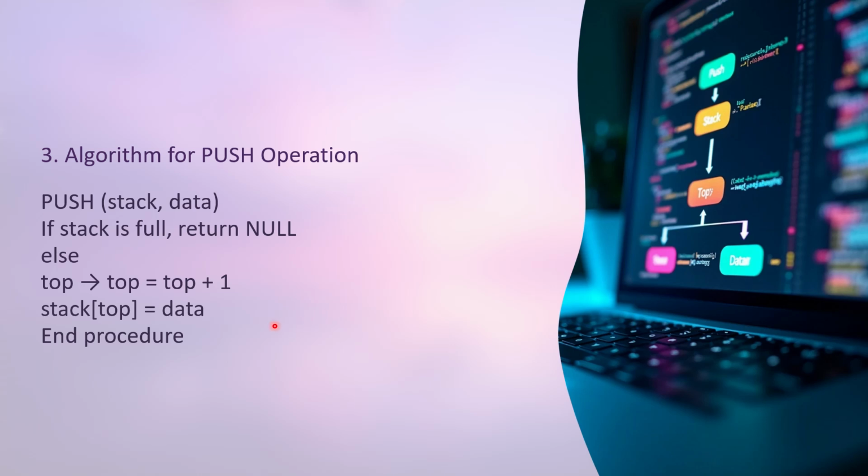It helps us to keep track of where the insertion or deletion has taken place. And once the increment is done, then at that position, the new element, that is data, will be placed on the stack and the procedure ends here.